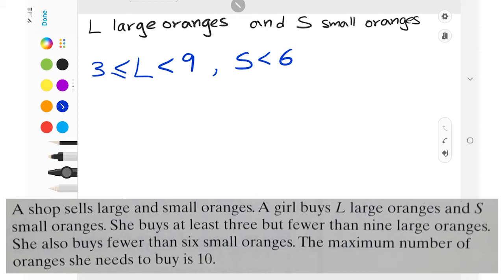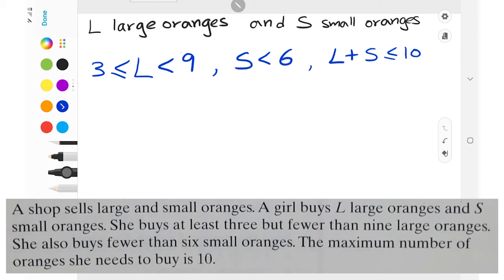Next, the maximum number of oranges she needs to buy is 10. The maximum is 10. So L plus S is less than or equal to 10. It's the same as the cake. No more than 10. Now we have the 3 inequalities. We want to draw them.